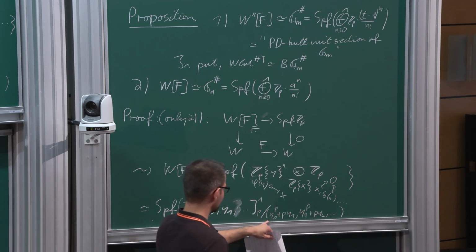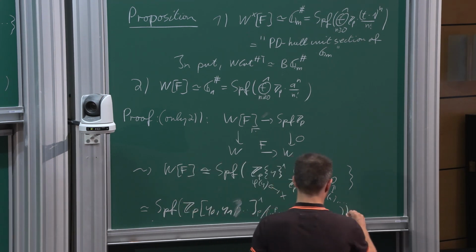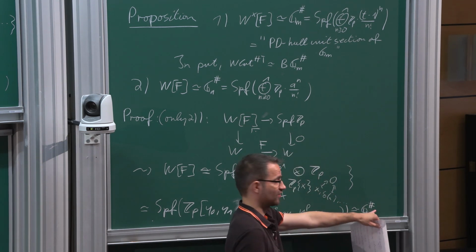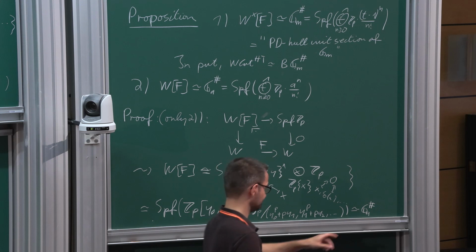And then just inspecting this quotient shows that this is isomorphic to G_a sharp.